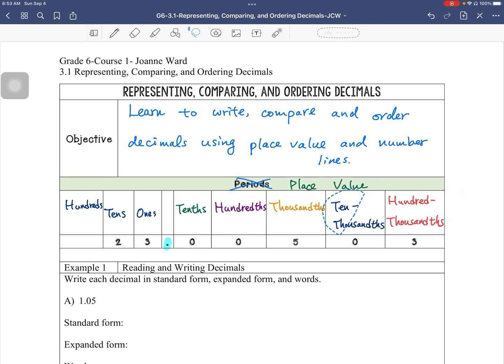So below the decimal point, we have tenths, hundredths, thousandths, ten-thousandths, and hundred-thousandths.